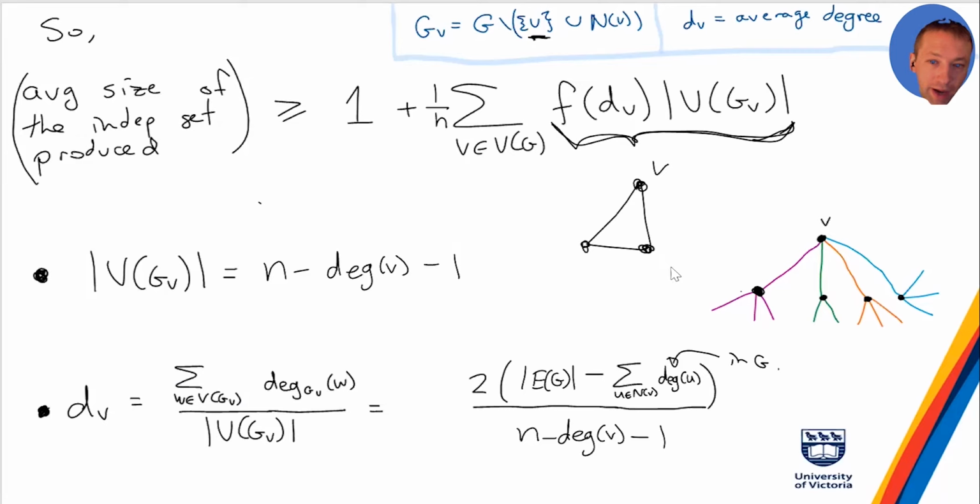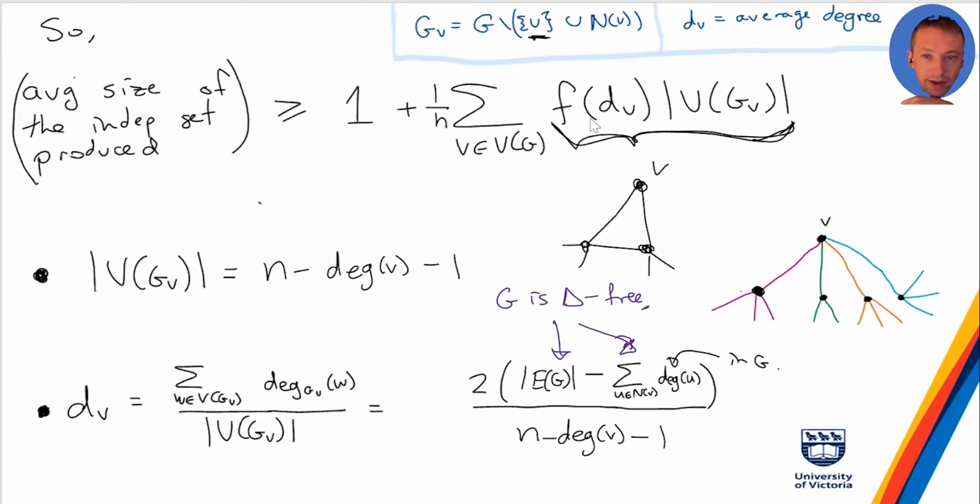But there are no triangles, so this is actually equality. Every edge that got deleted gets counted exactly once, because there are no triangles. So we're subtly using the fact that G is triangle free to get this expression. Okay, so that tells me what d of v and the number of vertices in G minus v are.